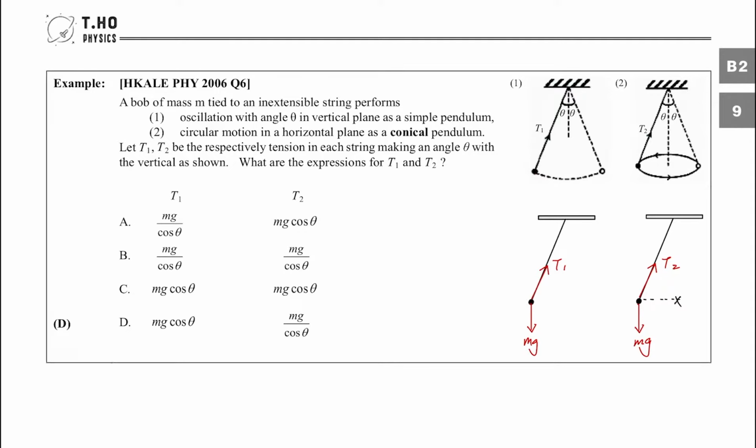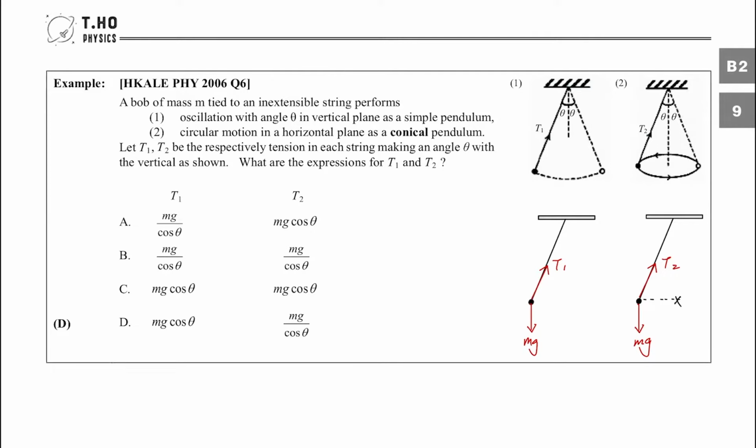So in these two situations, we take a moment when the bob is at the extreme point here. Okay, so it is asked about at this position we in the string have T1 and T2 respectively. So we would like to find the expression for T1 and T2.